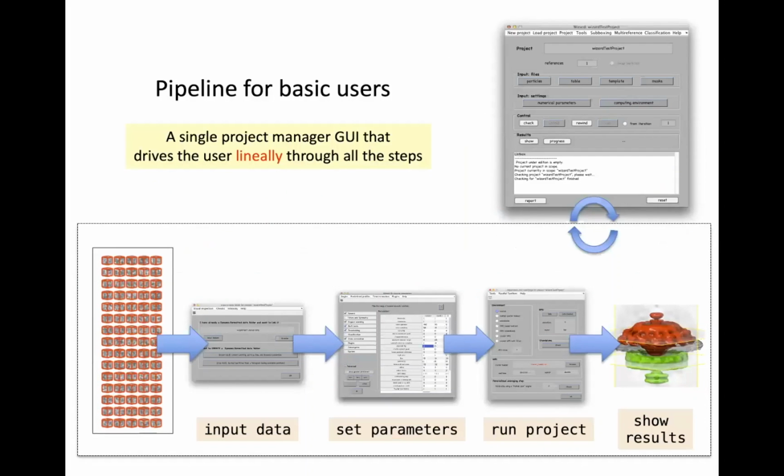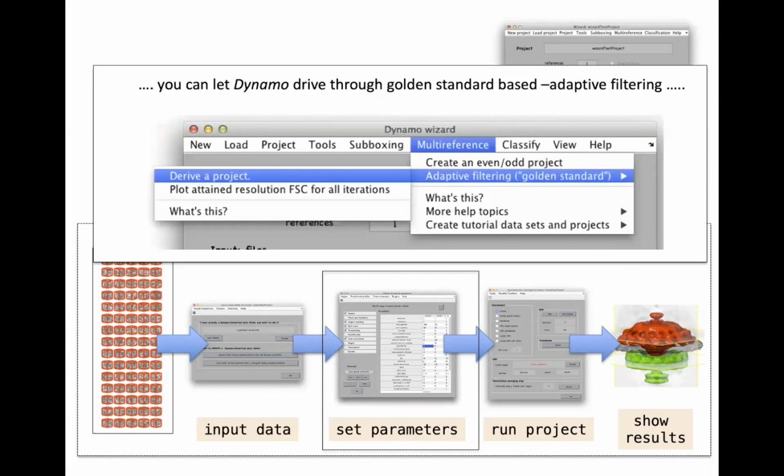Following those guidelines of my users, first we created a pipeline for basic users, people that don't want to dedicate their life to subtomogram averaging, you don't want to understand every possible parameter, but you just want to have a basic idea of what you're doing and have a good life, just inputting your data, setting parameters, and running the projects. That's what Dynamo can also do for you.